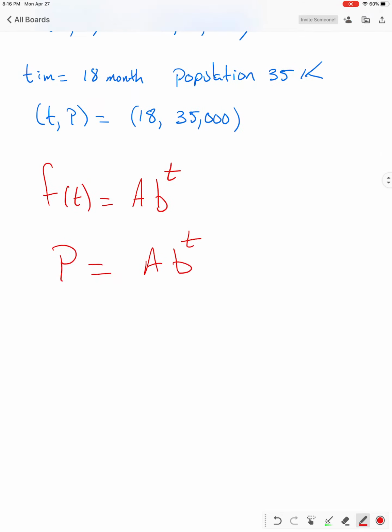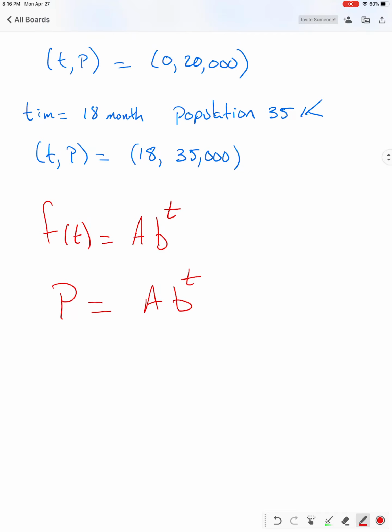Okay? So I'm told that my initial population, when time is equal to 0, is 20,000. Let's do that one first. So 20,000 equals a, which we don't know, times b raised to the 0.